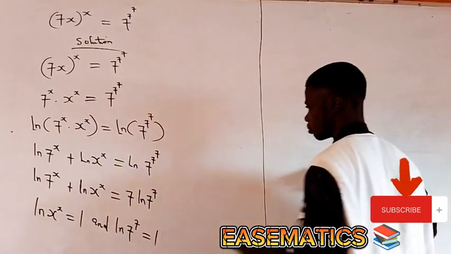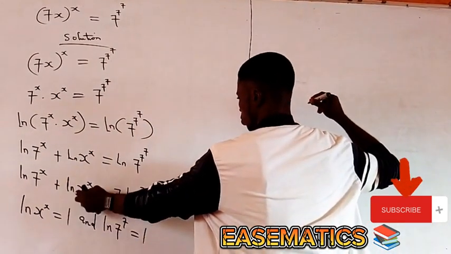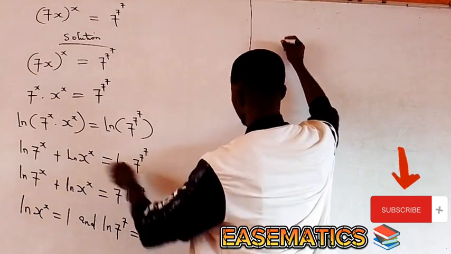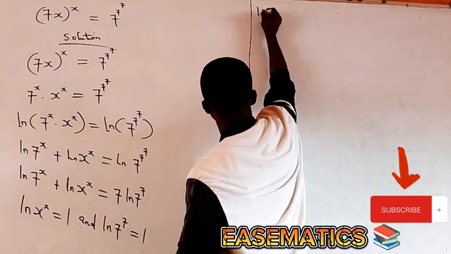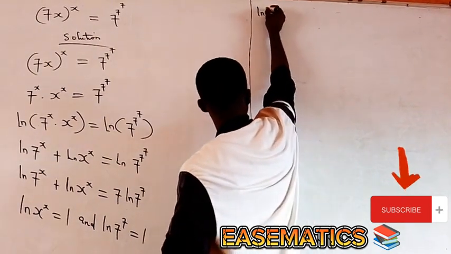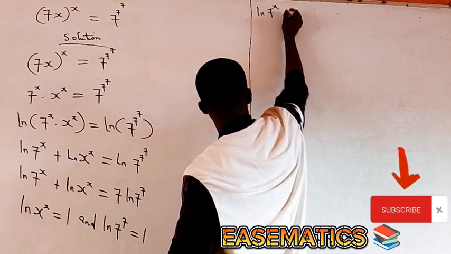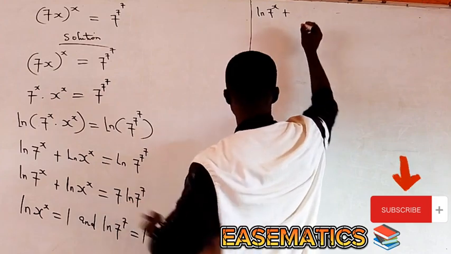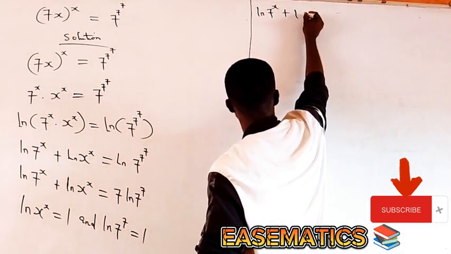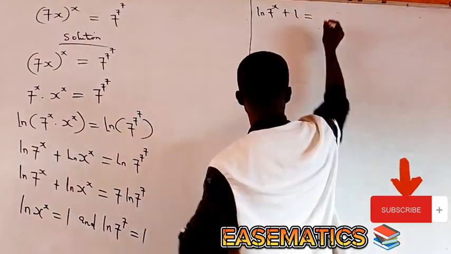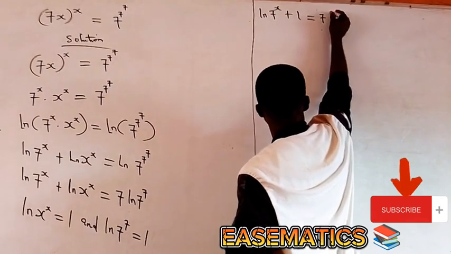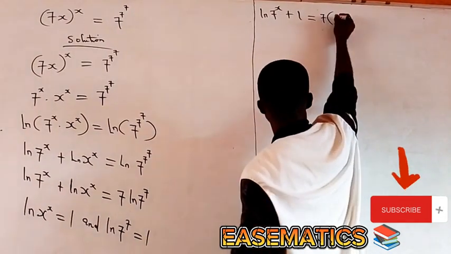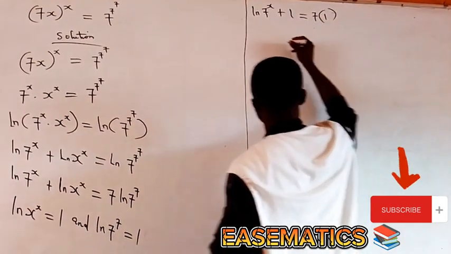So we can substitute into the equation that ln x base 7 plus ln x base x, which is 1, is equal to 7 ln 7 base 7, which will give us 1.